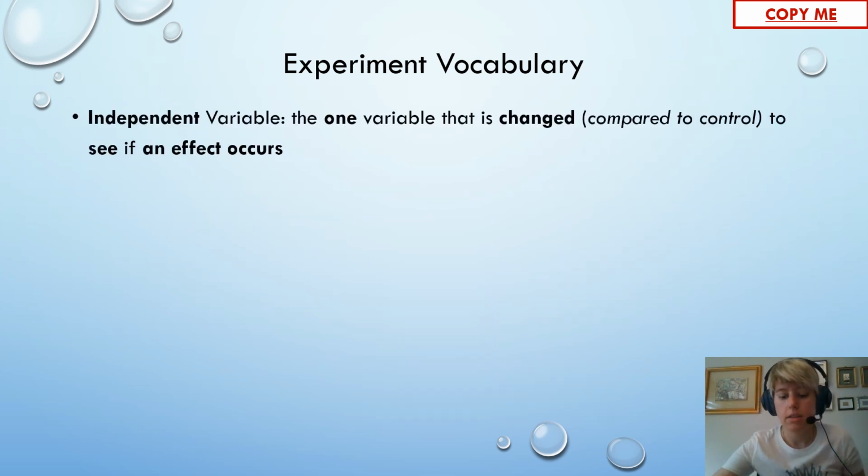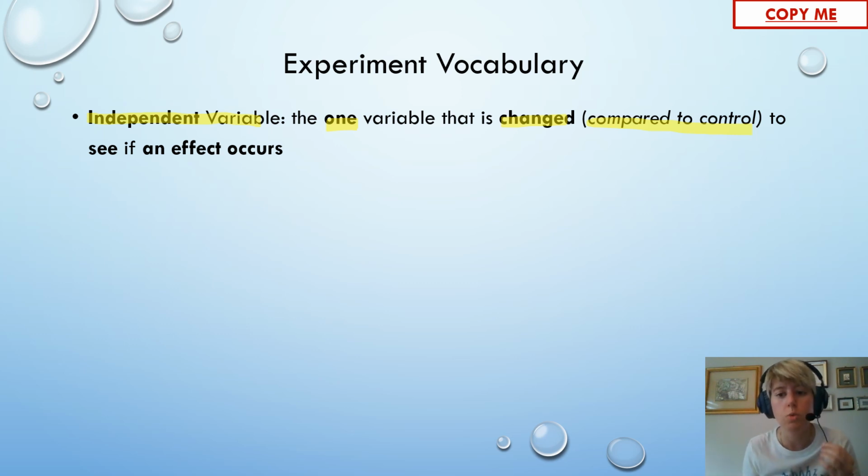Now, your independent variable. This is probably the key variable when we're talking about an experiment, because your independent variable is the one variable that you are changing compared to your control experiment. When you're designing your experiment, you cannot change more than one variable at a time, because if you do, whatever result you get, you have no idea if it's due to one variable, two variables, or a combination of them.